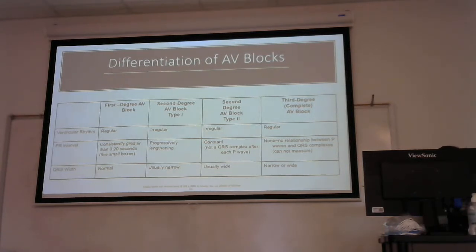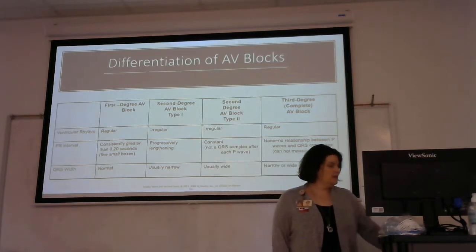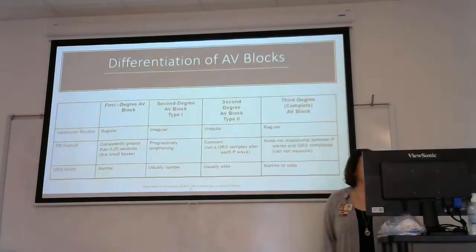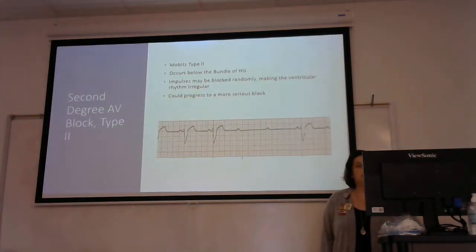Question about the 2nd degree. Okay, which one, type 1 or type 2? The type 2. Okay, what you got for me? Actually, the rhythm strip. Uh-huh. So, I had a patient last week that had the inverted QRS. So, is that considered inverted? So it just looked like this?